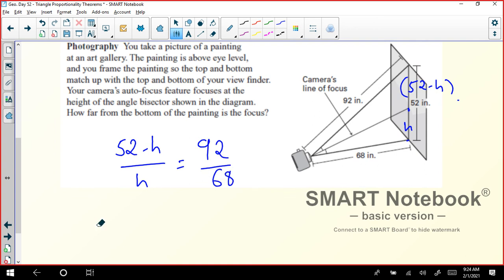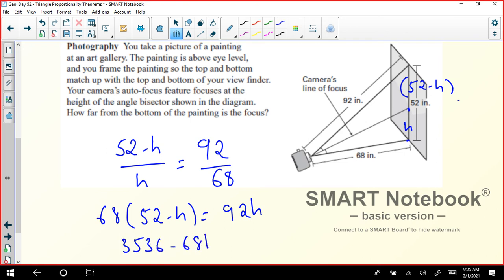We can cross multiply and get the value of h. 68 times 52 minus h equals 92 times h. 68 times 52 gives us 3536, minus 68h equals 92h.